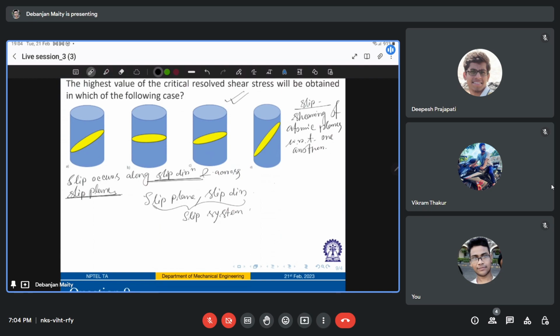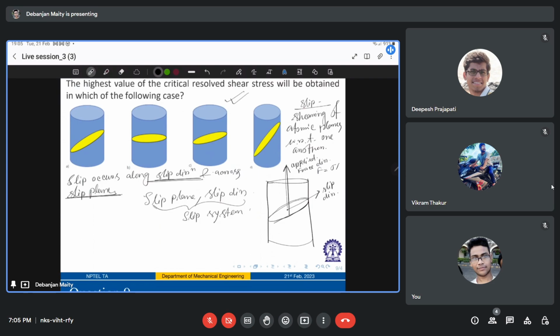So let us say you have this object over here, and let's say your slip plane is like this. This is your slip direction, and this is the applied force direction.